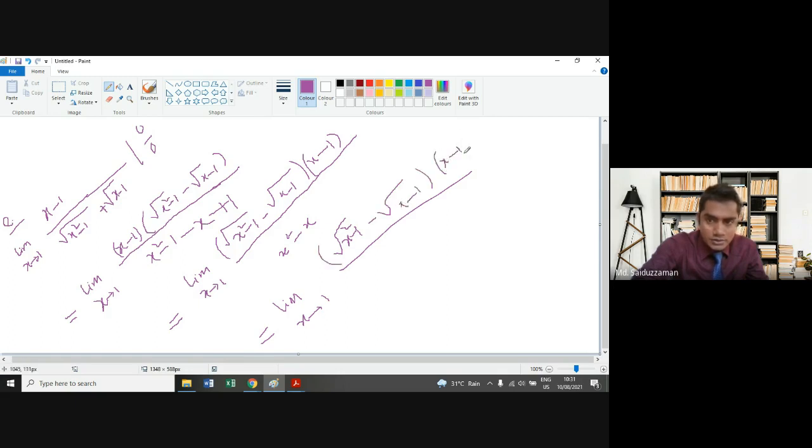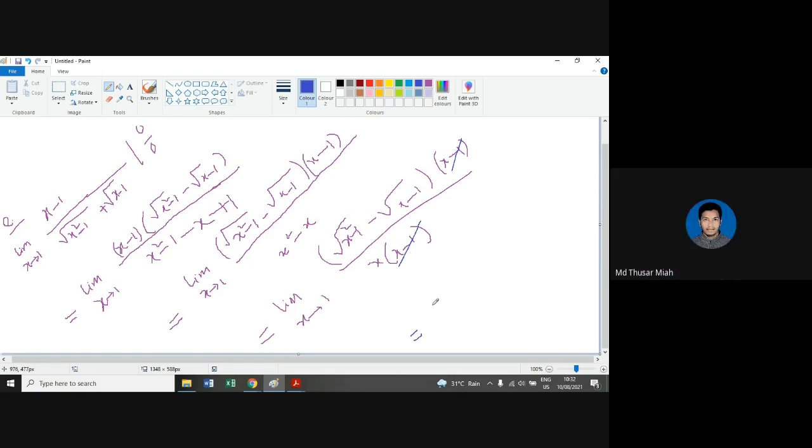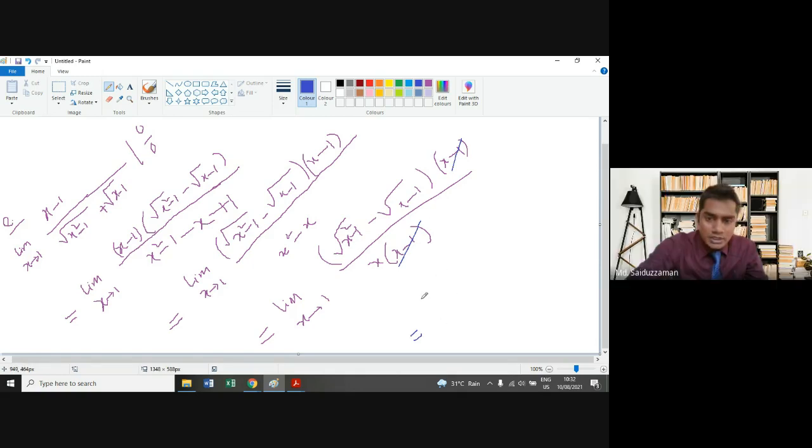Oh, very good. Then if you take x common, what will be the value? x minus 1. Then x minus 1 cancelled out. What is remaining there? Put the value. You will write another line. Just simplification. This divided by only x.